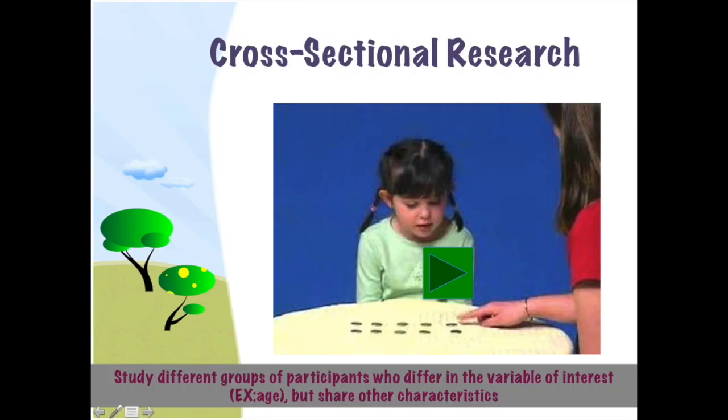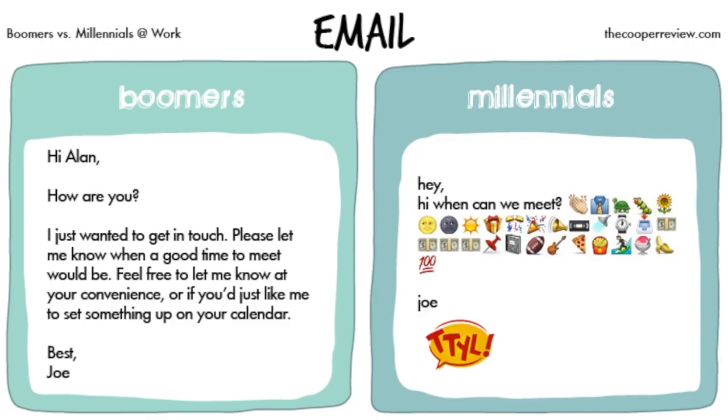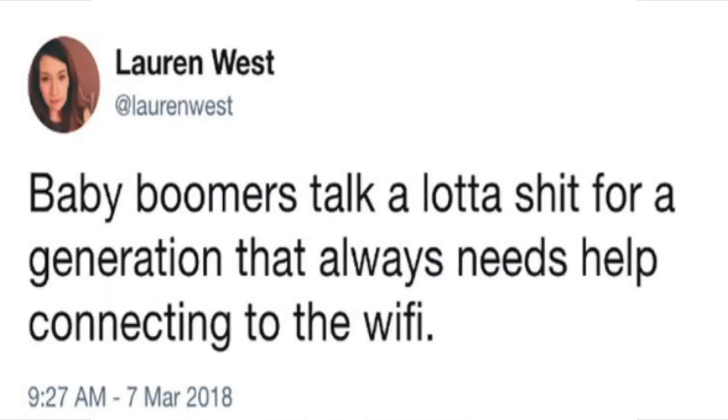And he was raised by his parents who grew up in the Great Depression, and they had to save and conserve all of their resources because there wasn't disposable income or anything like that. And they passed that down to my dad. And so, depending on what it was that we were studying, that behavior of being frugal or conservative with resources could be something that would affect our DV.